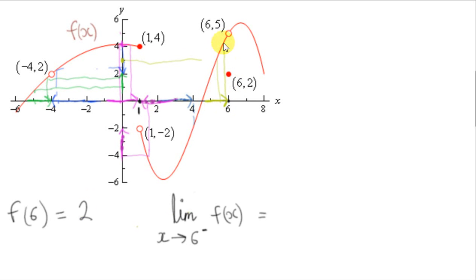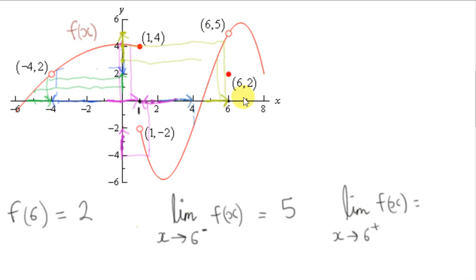And as we're getting closer and closer to 6, we can see what's happening. F of x appears to be getting closer and closer to 5. But we never reach 5. So this limit is equal to 5.